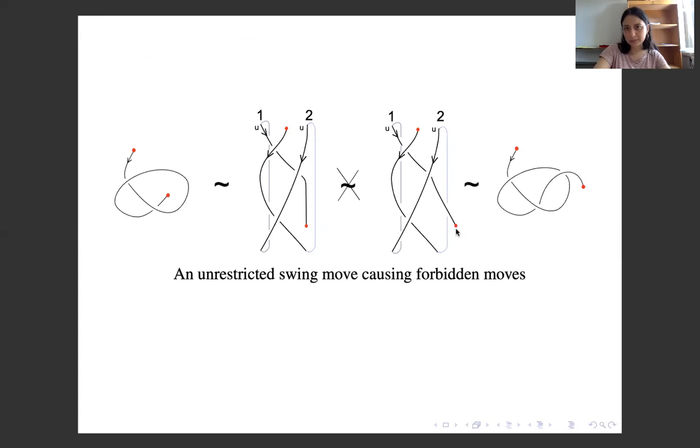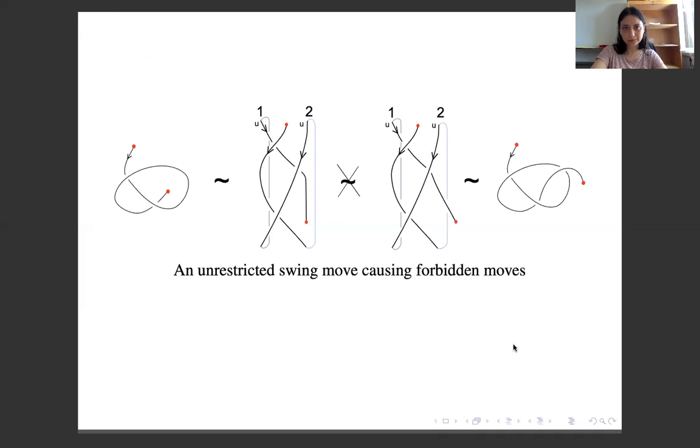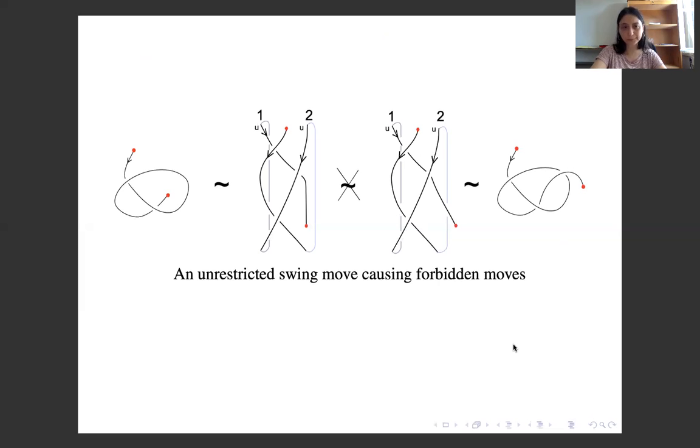So I obtained this labeled braidoid diagram with the same labels, but when we close the corresponding ends with the given labelings here, I obtained this knot type knotoid diagram here, and we can easily show that these are different knotoid types. Actually, we have shown that this is a proper knotoid, and this is just a trefoil knotoid, I can say. So the unrestricted swing moves cause forbidden moves. That's why we restricted them.